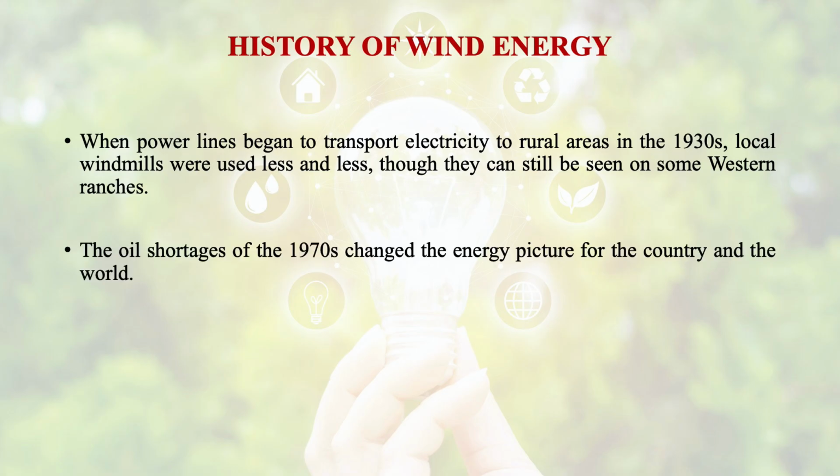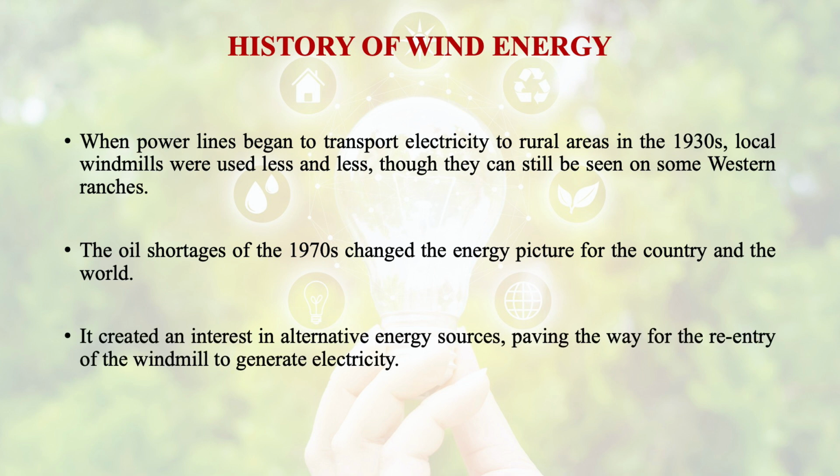The oil shortage of the 1970s changed the energy picture for the country and the world as well. It created an interest in alternative energy sources, paving the way for the re-entry of the windmill to generate electricity.